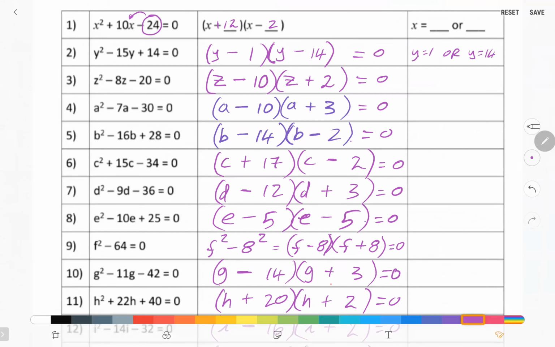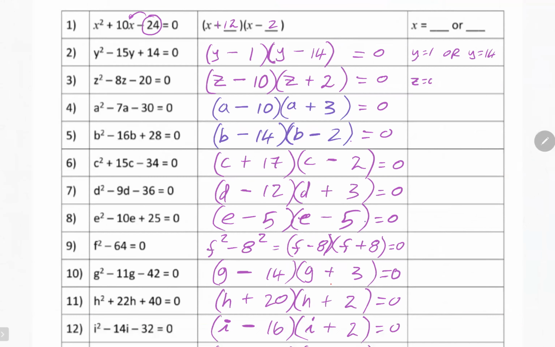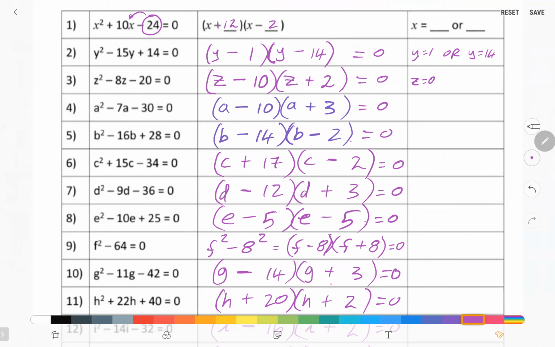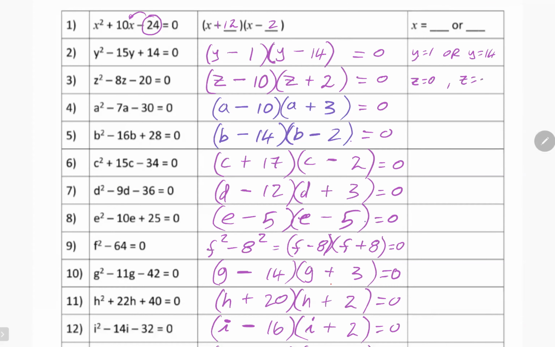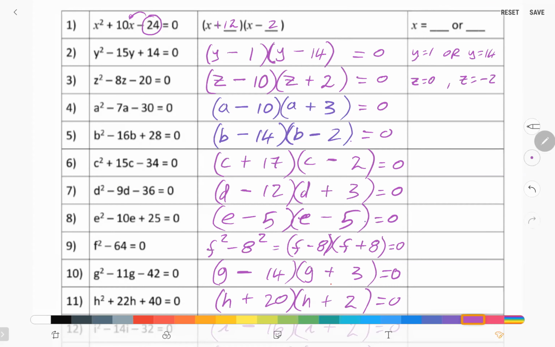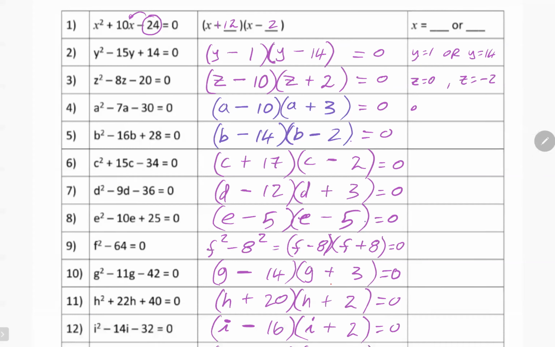Really very easy. Next one, z equals 10 or z equals -2. Next, a equals 10 or a equals -3. Next one, b equals 14 or b equals 2.